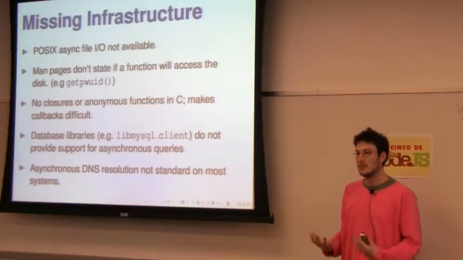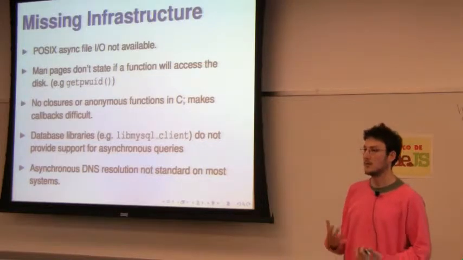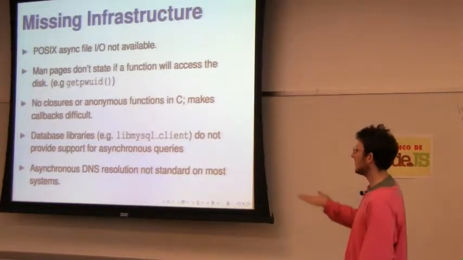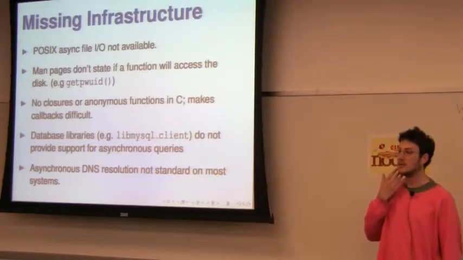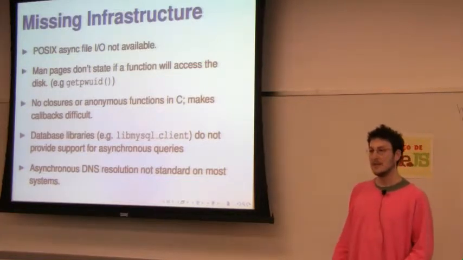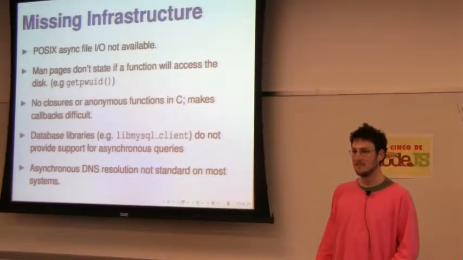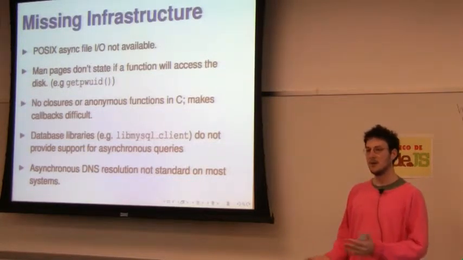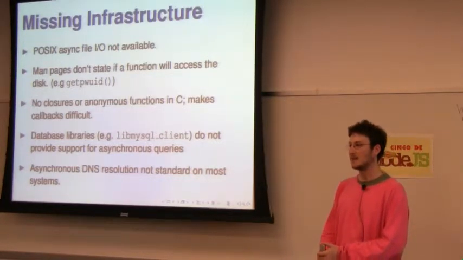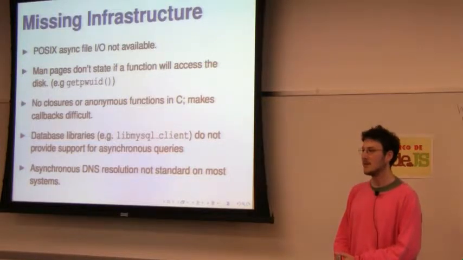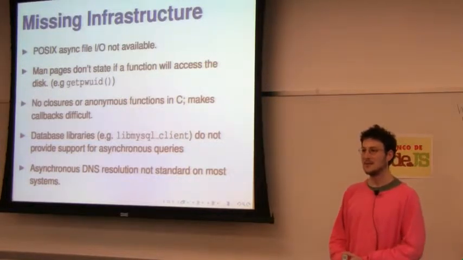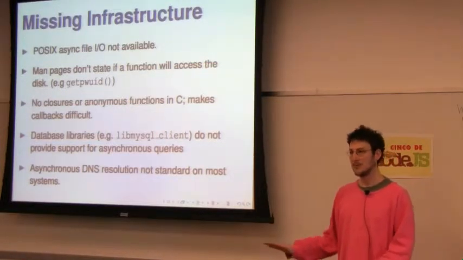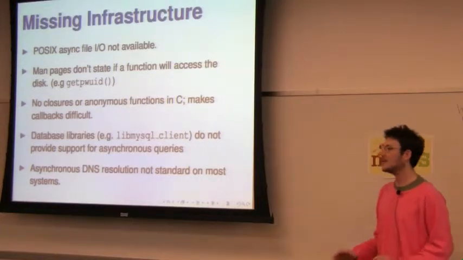And database libraries, which are usually very important to write web applications. In particular, libmysqlclient, a very popular library, doesn't have a non-blocking interface. So are you willing to rewrite libmysqlclient, or are you going to use threads? And almost everybody says, we'll just use threads. You know, it's not that much worse.